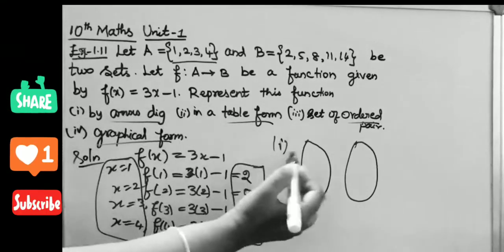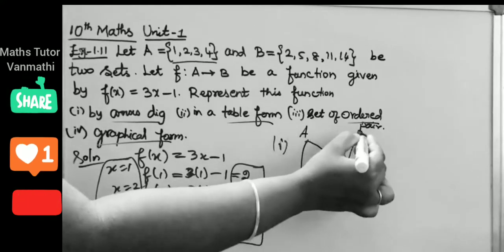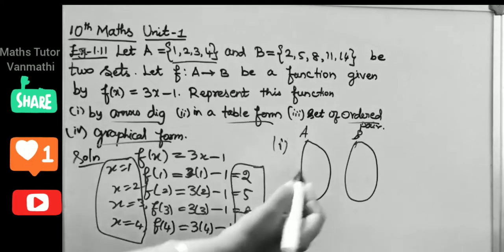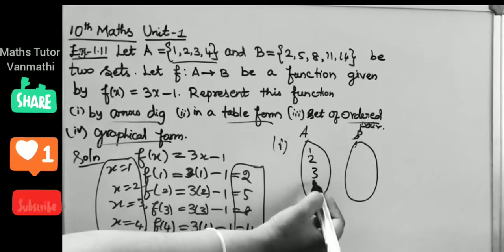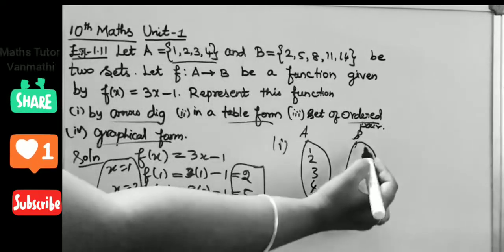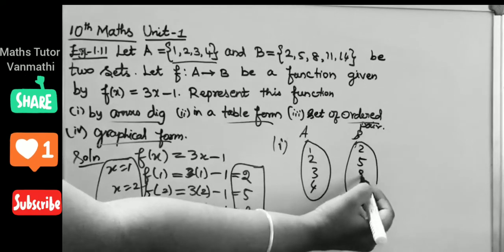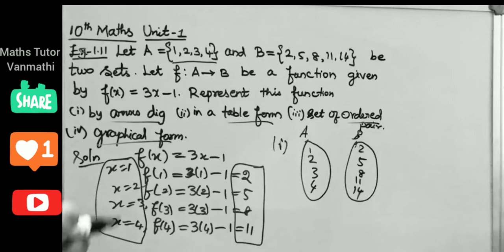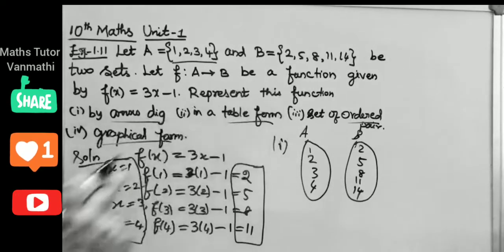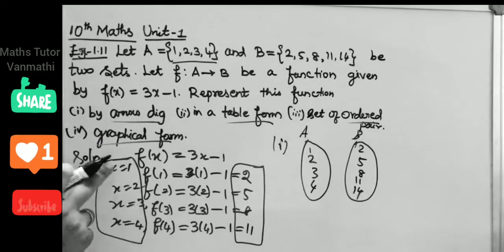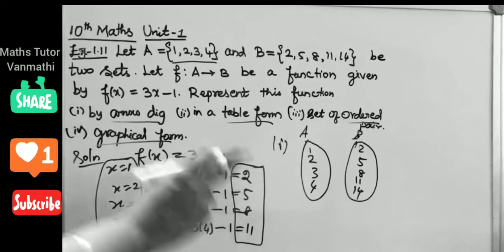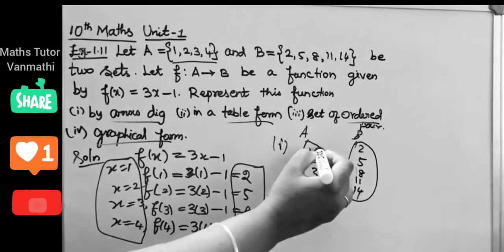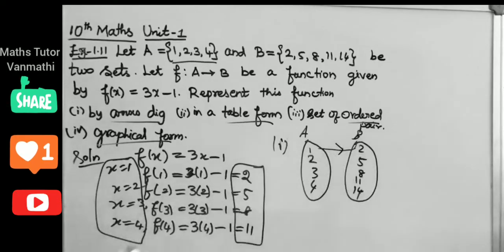Arrow diagram. First, this is your A set and this is your B set. The elements of A are 1, 2, 3, 4 and the elements of B are 2, 5, 8, 11 and 14. Clear? Now from this we take the elements and map them. Here, x equal to 1 and f of x equal to 2, so (1, 2) is the first mapping, that is 1 to 2.